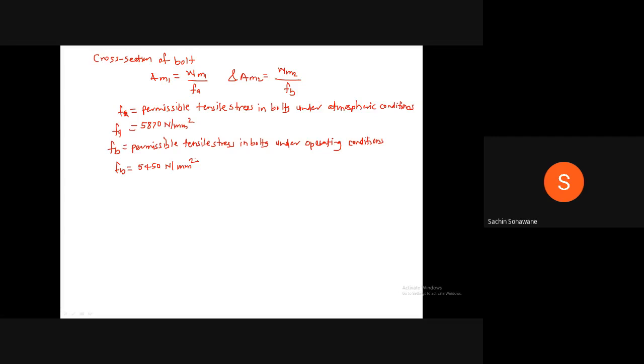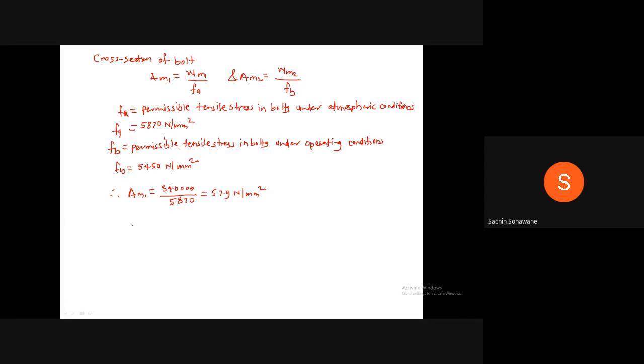Therefore, we will calculate now Am1. Am1 is equal to 3,40,000 divided by 5870, which is equal to 57.9.